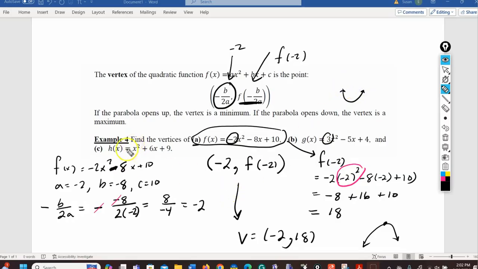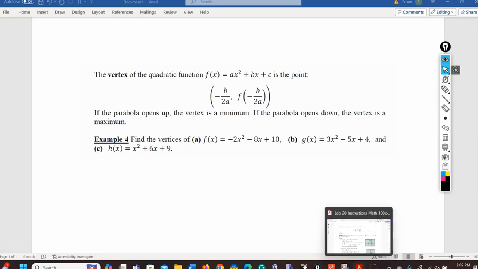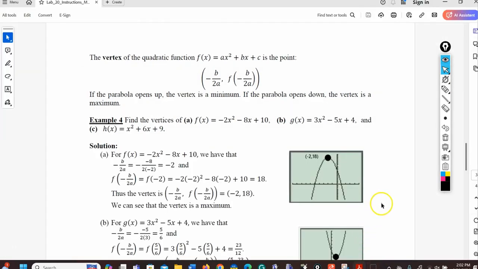Okay, so this one opens down, and so the vertex is going to be a maximum. And now let's go to the PDF and just confirm that. Okay, so I didn't have to graph this. We're just showing the graph to show you that everything confirms. This is how we found our answer.